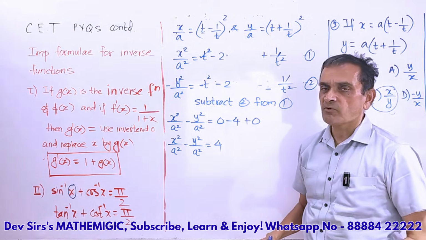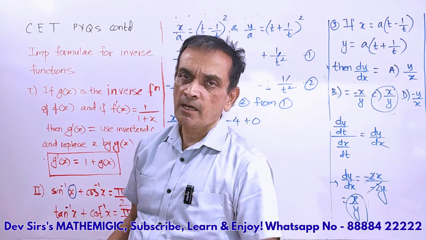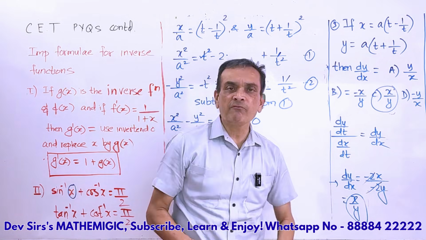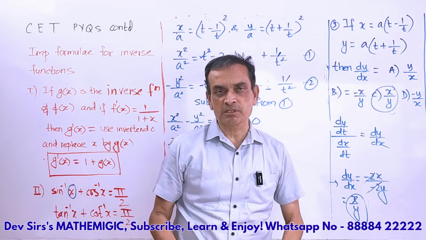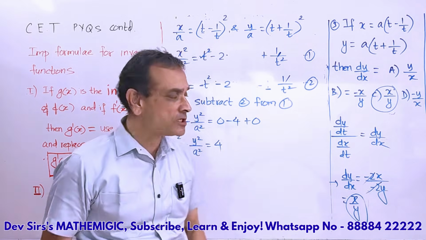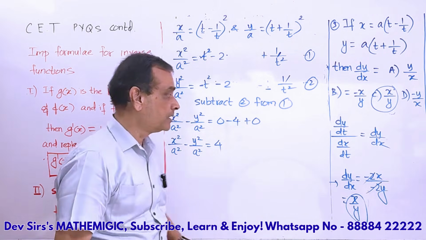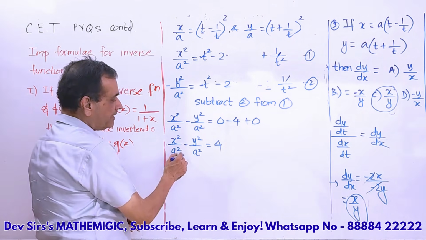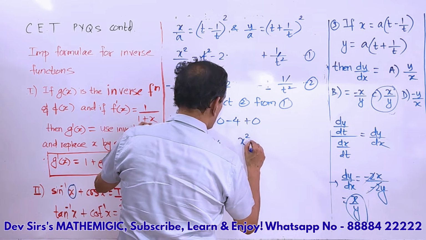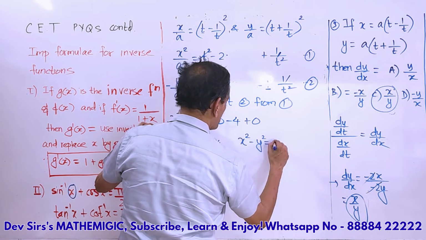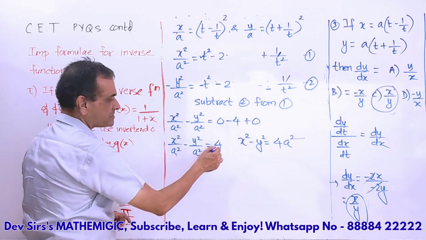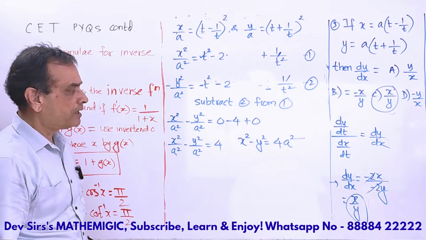Eliminating t is one method used for CET so that you avoid differentiating with respect to t two times. Only one time now we have to differentiate with respect to x, because parameter t has been removed. Now what to do over here? Multiply each term by a squared. So x squared minus y squared is equal to 4a squared. a squared went here.